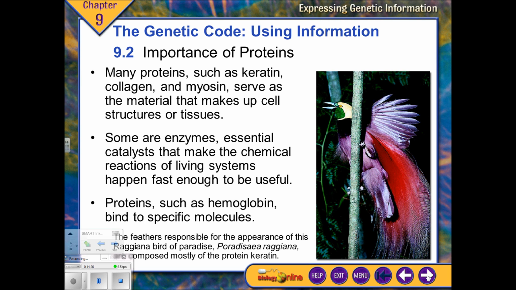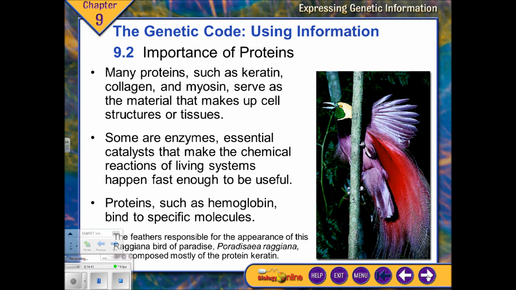I think keratin is in the plumage here. You have collagen in your fingernails. Enzymes like catalase, remember that in the liver, you guys, breaking down hydrogen peroxide. Proteins like hemoglobin, bonding, or actually just kind of attaching.